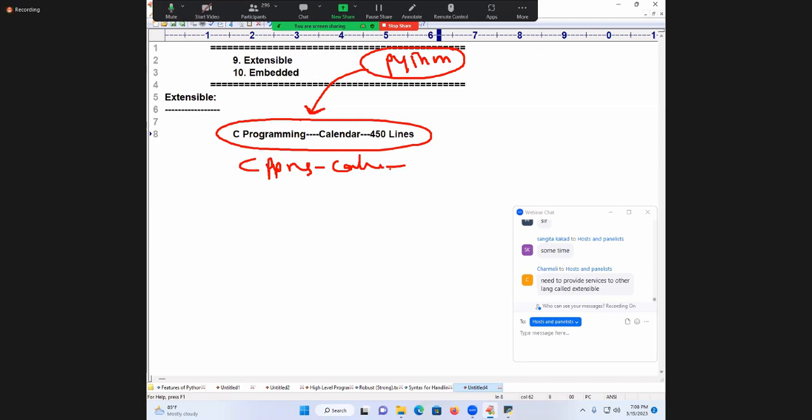So who needs to provide the services? First of all, Python services are extensible to other language people. So the other language people can call the coding segments of the Python language, provided you know how C syntaxes are allowed to call other language syntaxes.